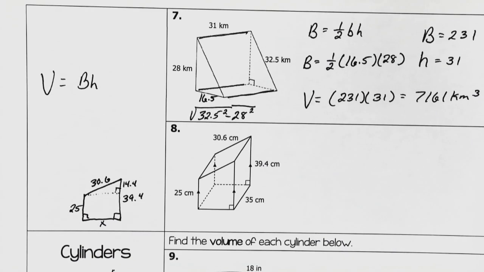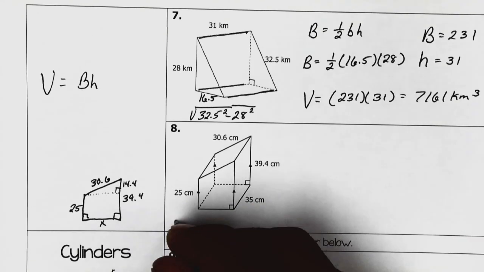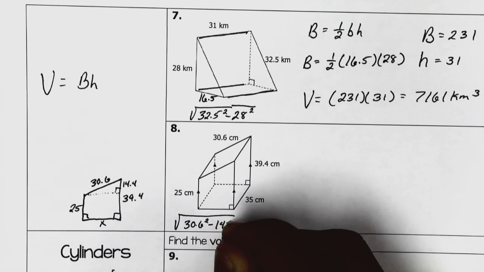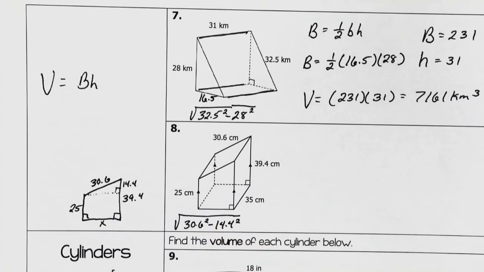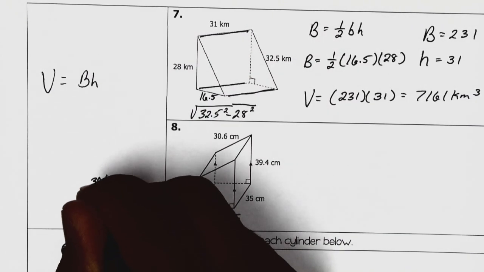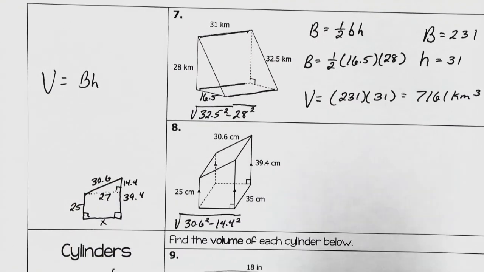Doing Pythagorean theorem, I'm going to subtract 30.6 squared minus that 14.4 squared. And that gives me 27. So that means that this length right here is 27, which means this length right here is also 27.